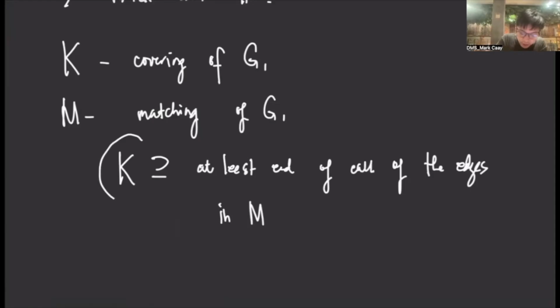Kasi siya yung nagko-cover entirely sa graph eh. So, ibig sabihin, if you have an edge in M, so sa edge na yon, at least isang vertex na yon, kasi dalawa naman ang vertex ng isang edge, di ba? The both ends. So at least isa doon is nasa loob ni K. So that is the vertex cover.